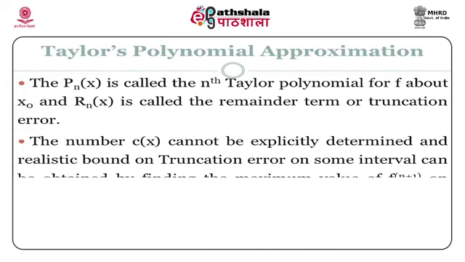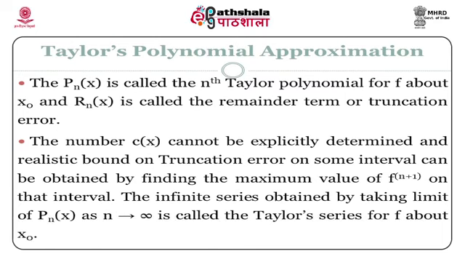The number c(x) cannot be explicitly determined, and a realistic bound on the truncation error on some interval can be obtained by finding the maximum value of f^(n+1) on that interval. The infinite series obtained by taking the limit of P_n(x) as n tends to infinity is called the Taylor series for f about x0.